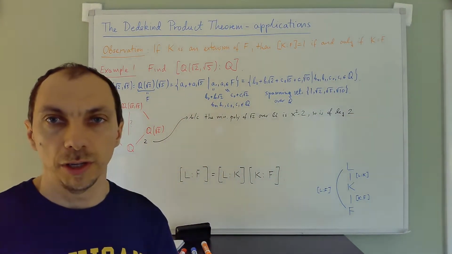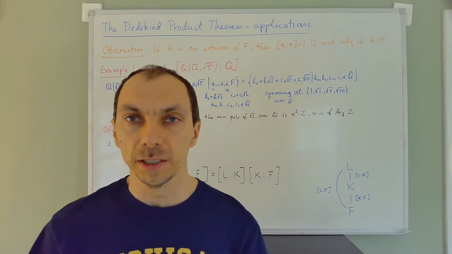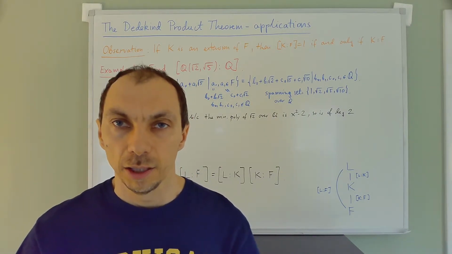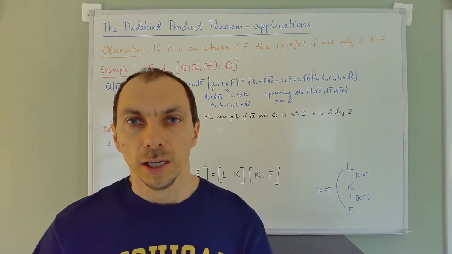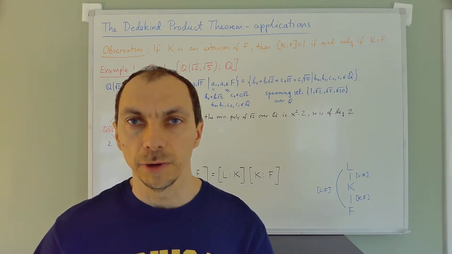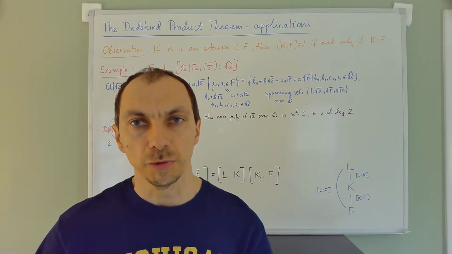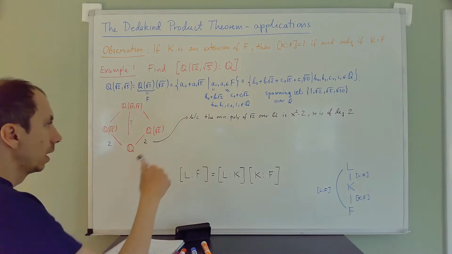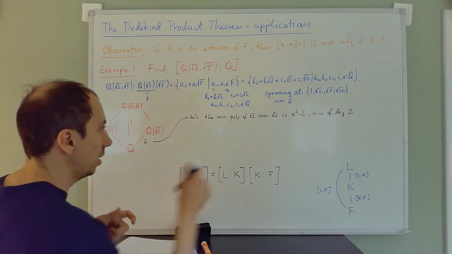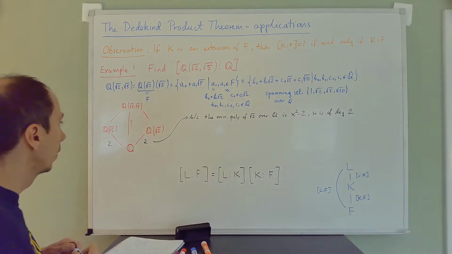And just to remind you, if I join a single element to a field, then the degree of the extension is equal to the degree of the minimal polynomial. In this case, the minimal polynomial of radical 2 over Q is x squared minus 2. So that means this degree is 2.